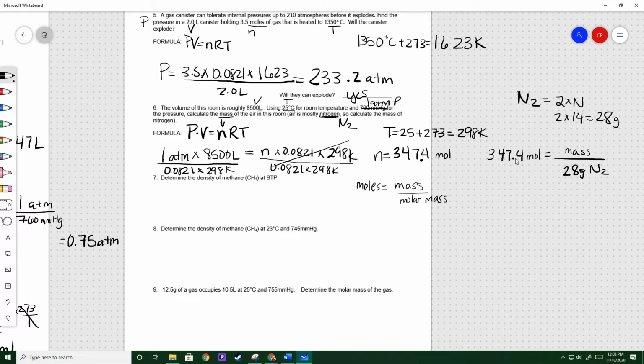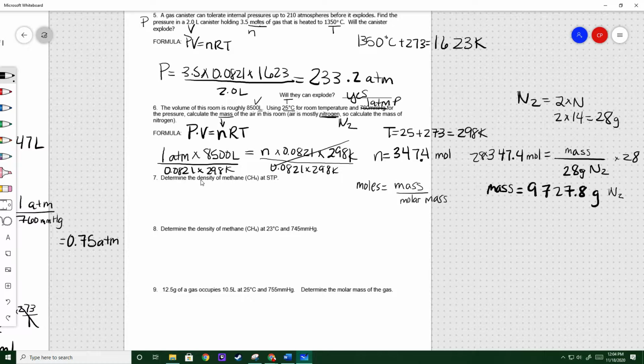This 347 times 28 gives me a total mass. So my mass for this would be 9,727.8 grams. So that's kind of a lot. And that's how you would do this type of problem.